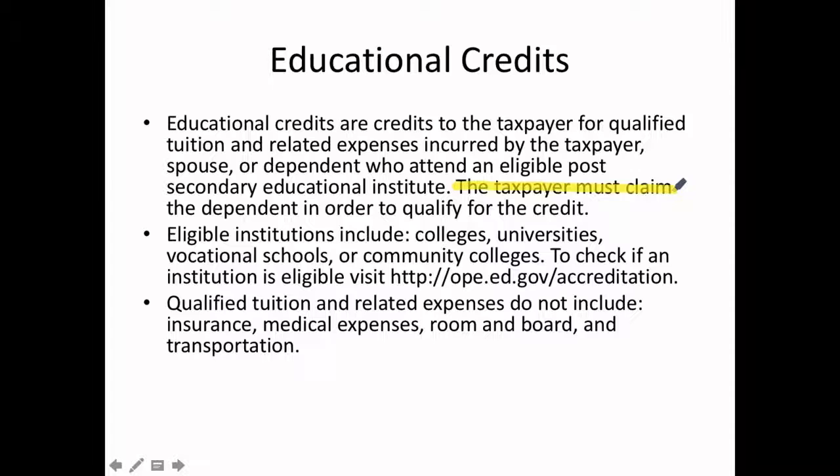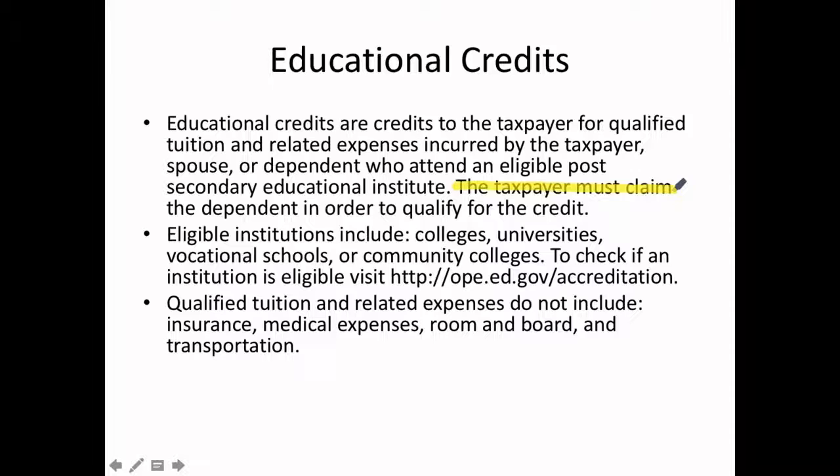College, universities, vocational school, or community colleges, and then you can check. There's a website that we have provided to you where you can check whether the company is a qualified institution or not. And what I mean by qualified institution is are these institutions qualified to be offering education to anyone, right?